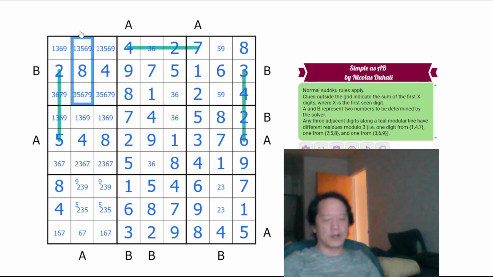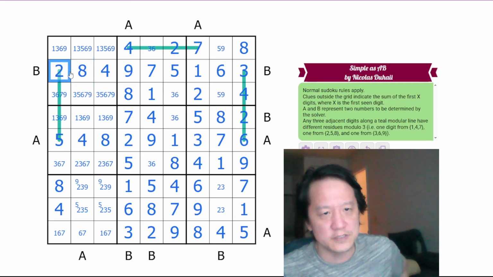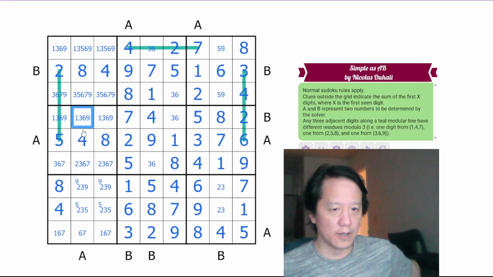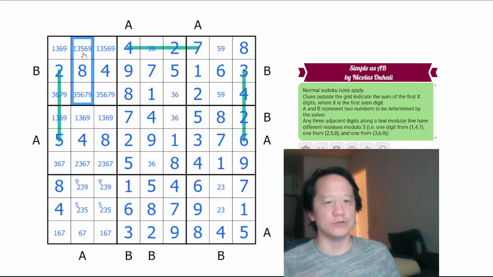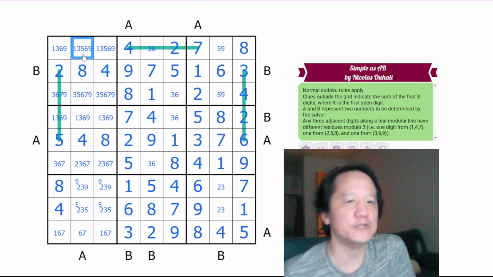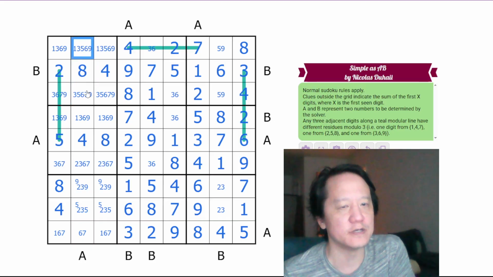7 could work as long as these two add up to 17, which would mean 8 and 9. With 6, again, this would have to add up to 17. So these 2 digits would have to be 17.